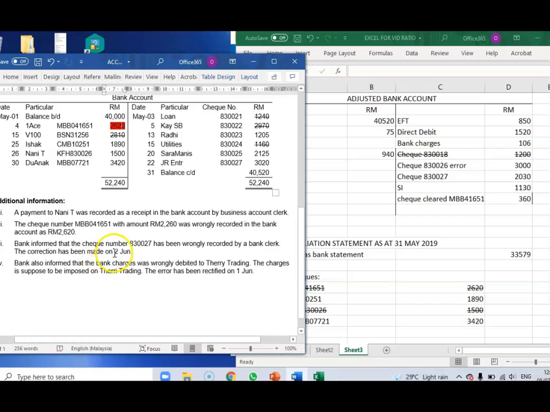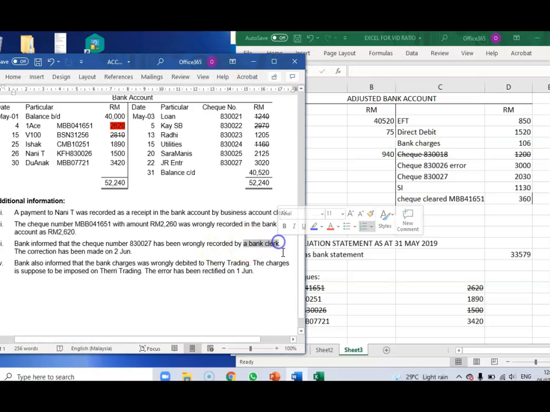The bank informed that check number 830027 has been wrongly recorded by the bank clerk. So it's clearly a bank error. So the bank error should be adjusted in the bank statement.